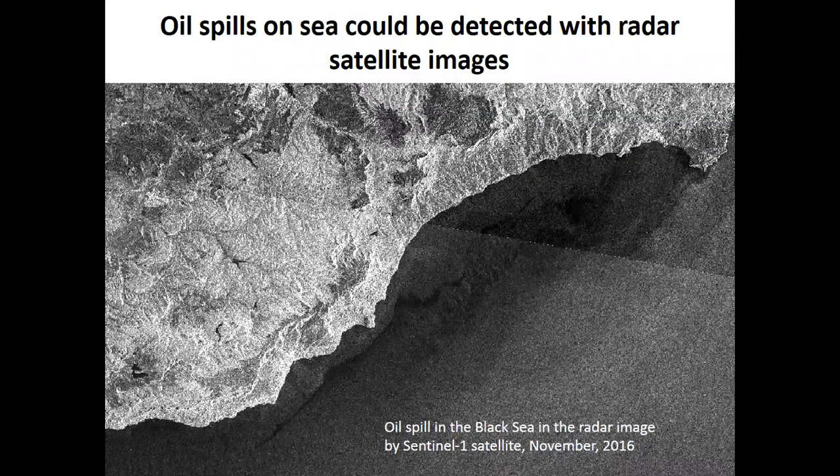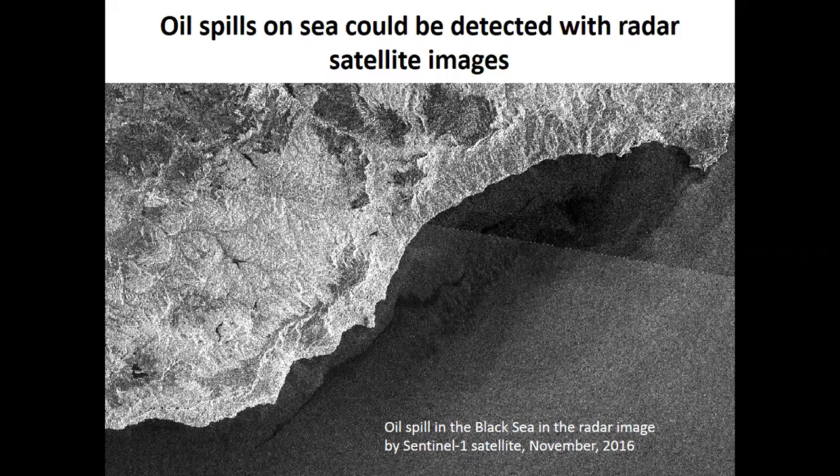But these radio waves could also be reflected very differently from different shapes of a surface. Particularly, it was found that radar images could be used to spot oil spills on water, just because the surface of water covered with oil has a different shape than the regular waves on water.